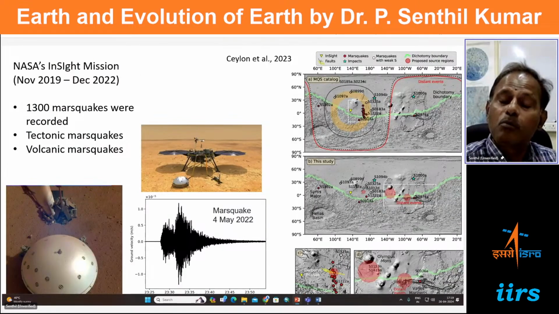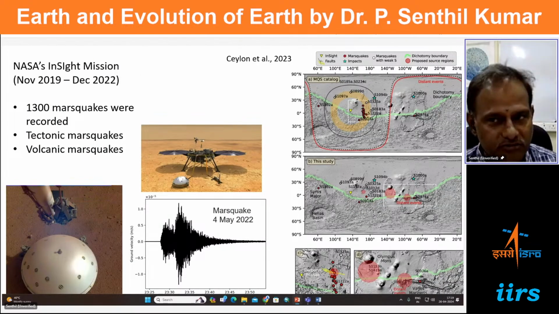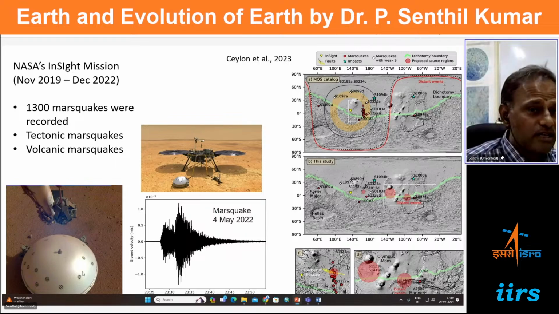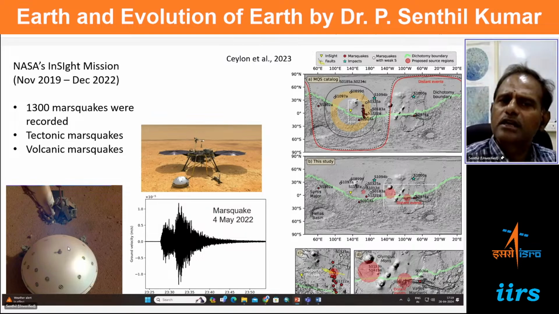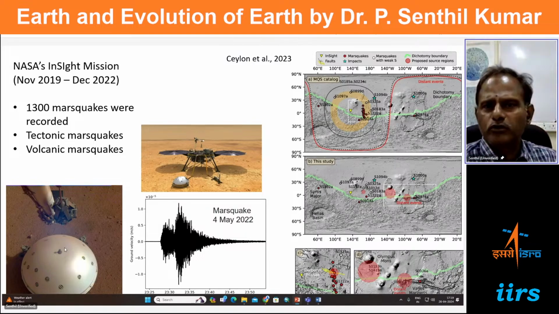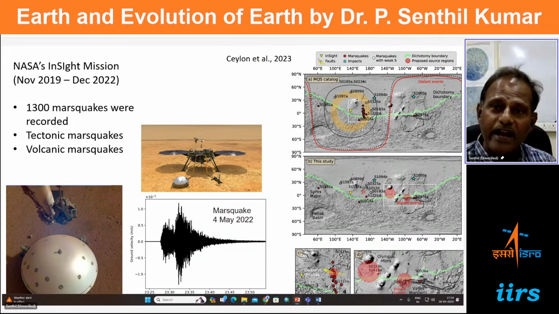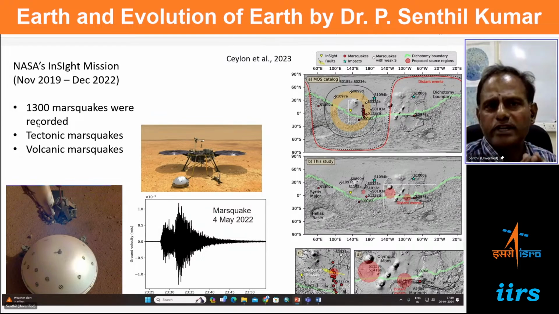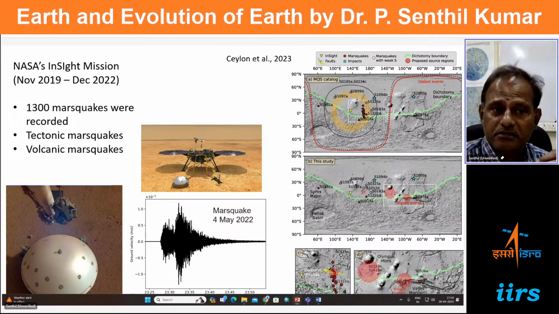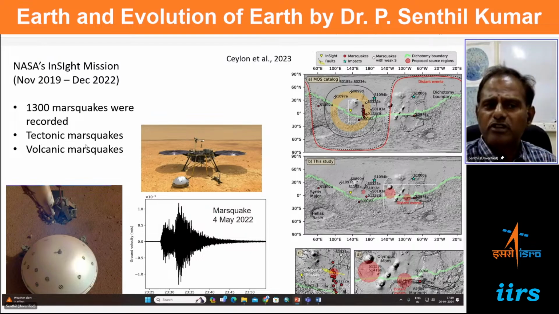Look at Mars. Mars is also seismically active. NASA put a seismometer on the surface of Mars about 4 years ago, and it operated for about 4 years. During this time, more than 1,300 Marsquakes were recorded by the seismometer, and some of them are very similar to the earthquakes that occur on Earth.